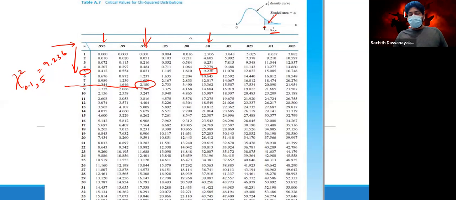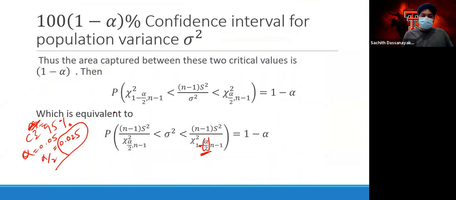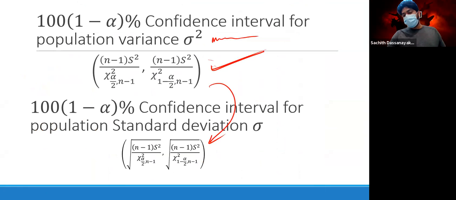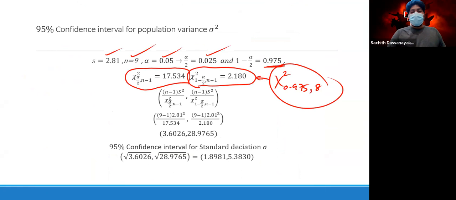It's not hard to see. Once you go from left to right, you can see the values are increasing. That's why I told you the large chi-square alpha values are smaller than the other values. It depends on how we pick the alpha.